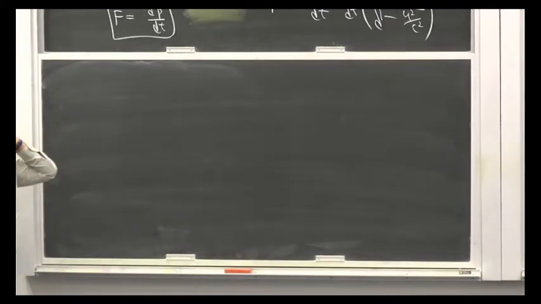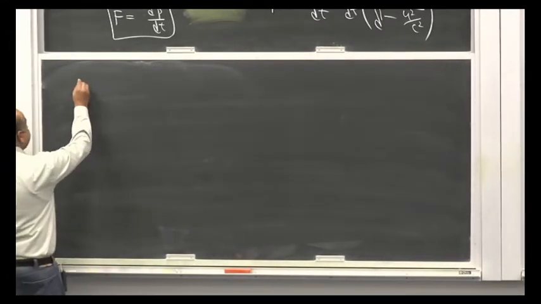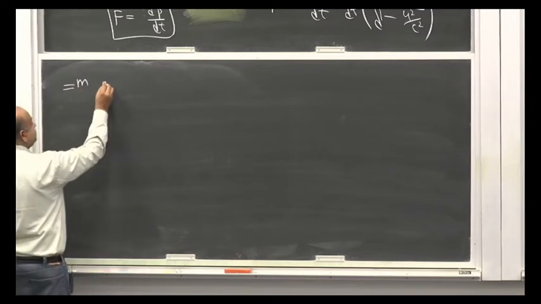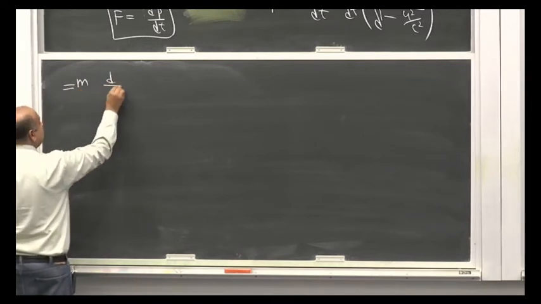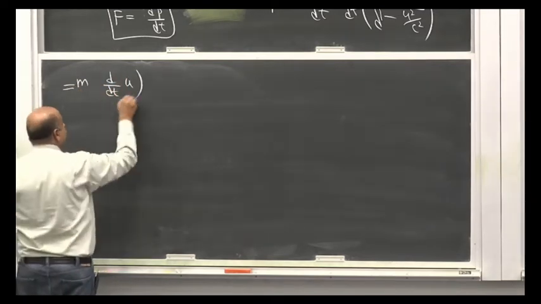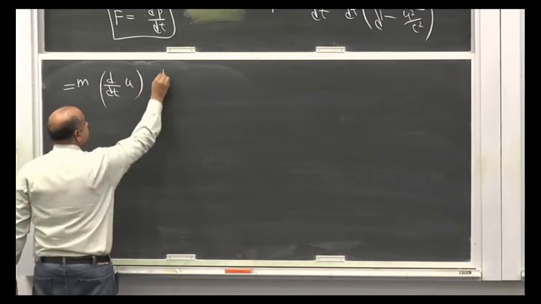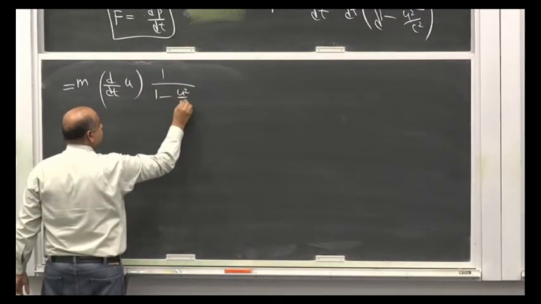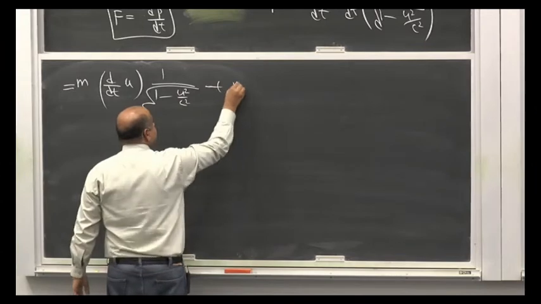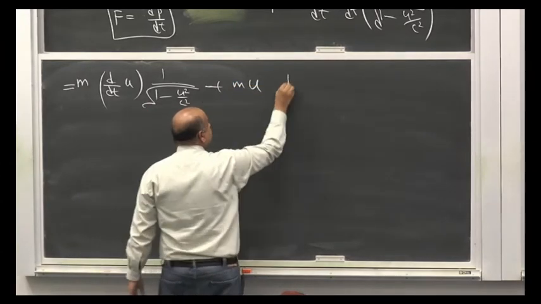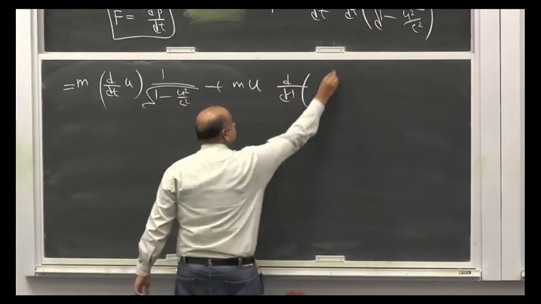I'm going to do it quickly. So m is constant, it gets out. So we have d by dt of u, and this factor separate, plus m, and then u, and then using the chain rule, okay?